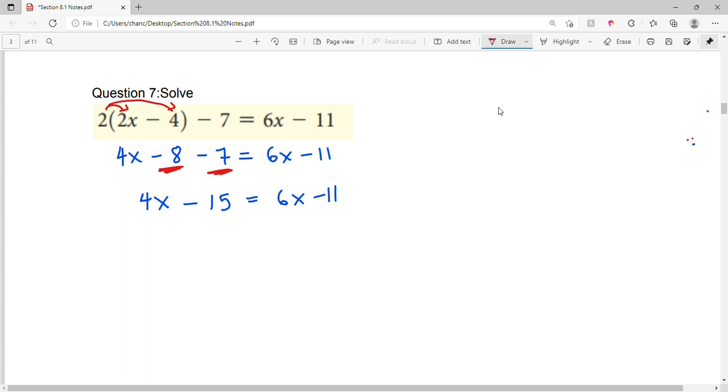To get the x by itself, let's subtract 4x to both sides. This simplifies to negative 15 equals 2x minus 11. I can now add 11 to both sides of our equation. Negative 15 plus 11, that is negative 4.